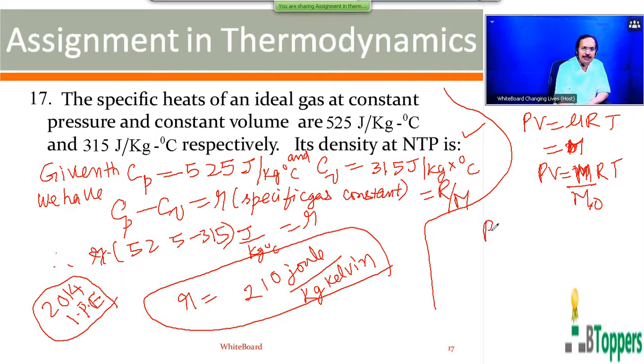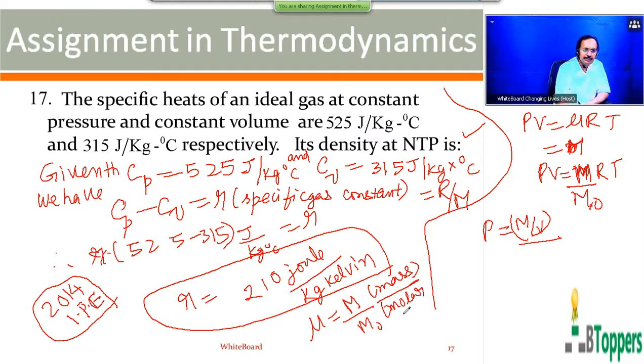V is the volume of the gas, P is the pressure of the gas, M naught is the molecular weight. That is the number of moles I have written, M by M naught. Here M is the actual mass of the gas, M naught is the molar mass or molecular weight of the gas.